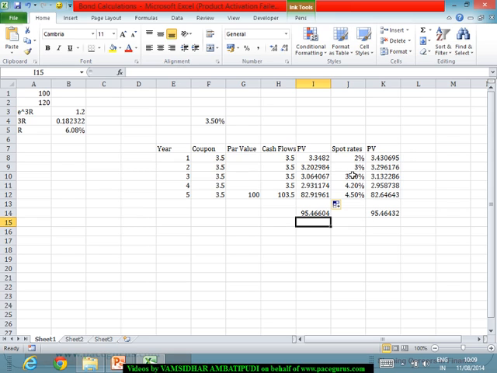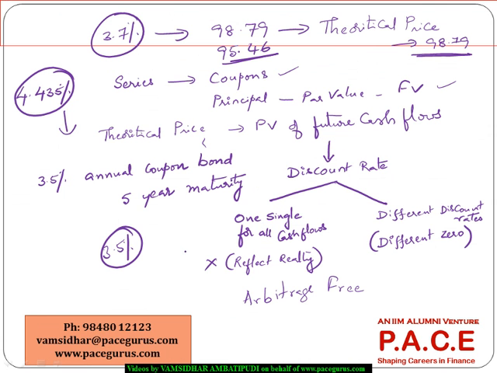So when I discount these cash flows with 4.435%, if I assume that this is the market price of the bond, then that particular interest rate is what we call the bond yield. The bond is yielding me 4.435%, the discount rate at which the present value of all the future cash flows will be equal to the market price.